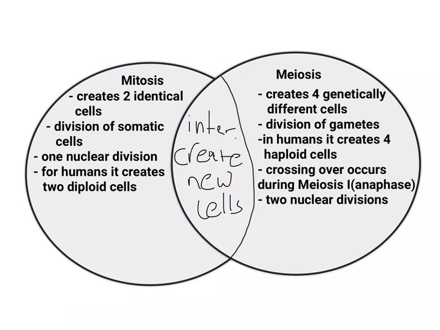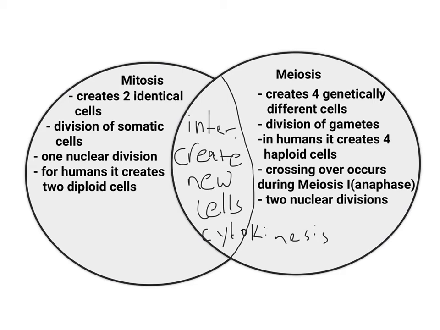They're both followed by cytokinesis. They both contain genetic information, etc. So be able to compare and contrast mitosis versus meiosis as well. And that is basically cell division in a nutshell.